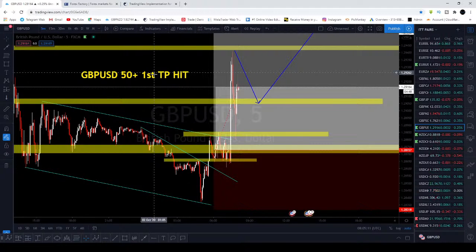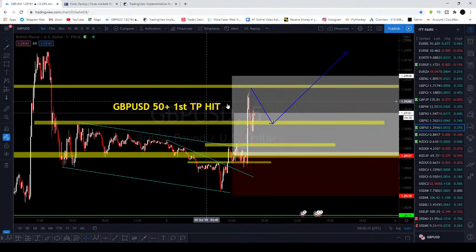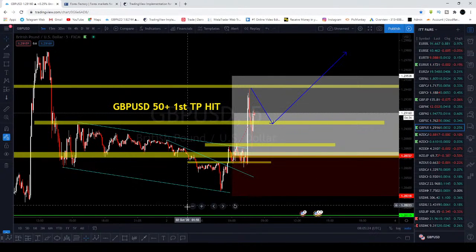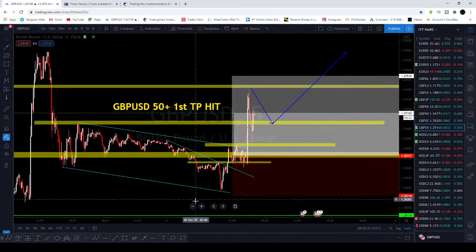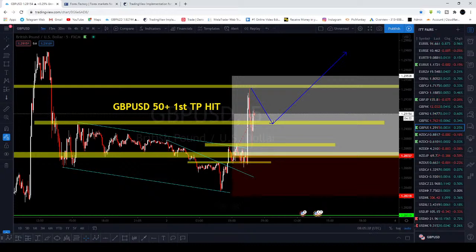Because right now, I don't count it as a valid move, except we hit our second take profit. What do you guys think? Don't you need a second take profit hit? Hmm? If you don't need it, I need it.